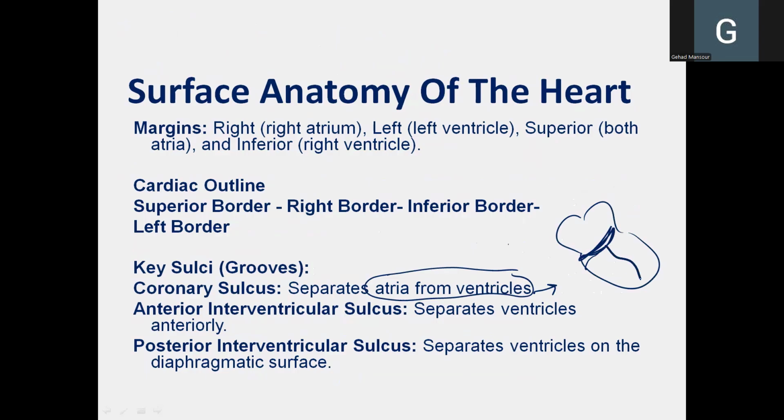And then you have the anterior interventricular sulcus, where you had the left anterior descending artery, and you have another one like this one at the back, which is the posterior interventricular sulcus. You can omit the margins and the borders because they are advanced anatomical definitions, and I would not ask you about them in an assessment.